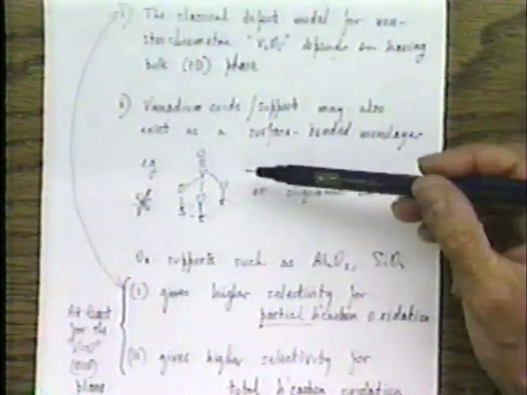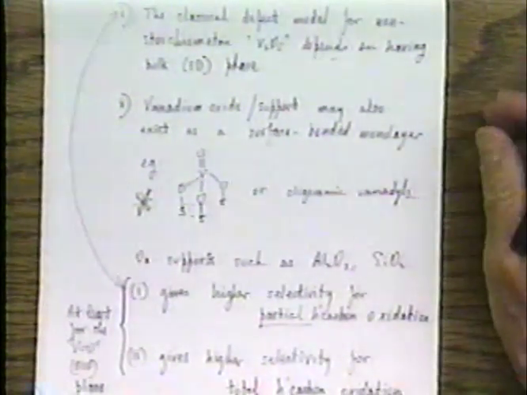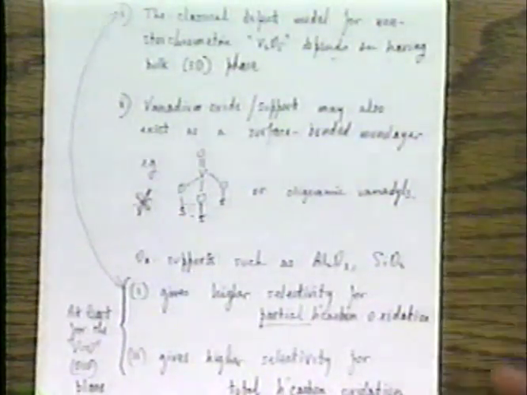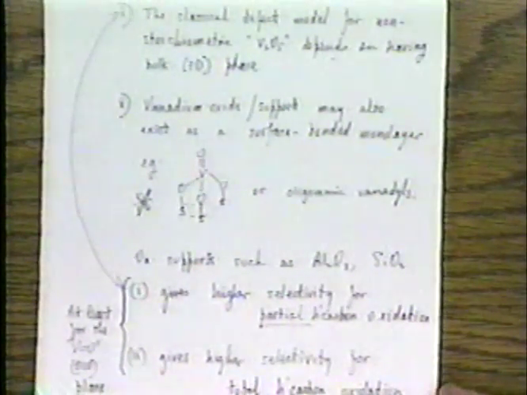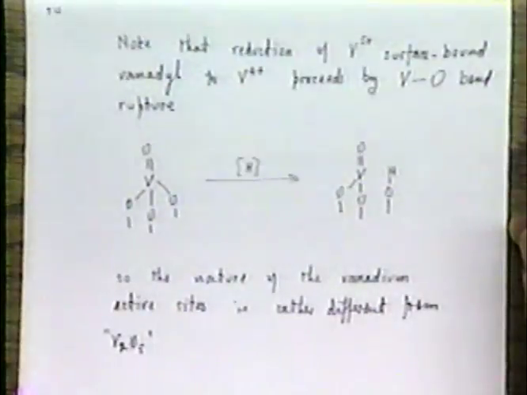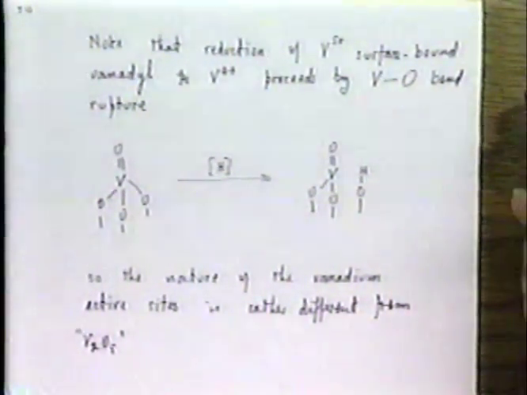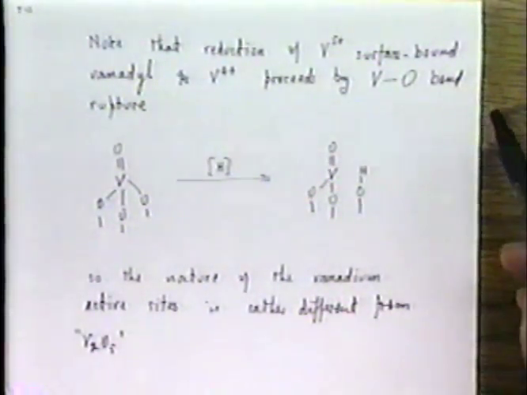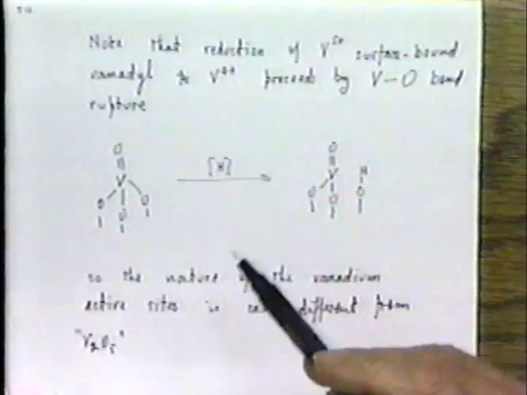The mechanism of the reactions with these molecularly supported variable valency oxides are not well understood and they're the subject of considerable work at the moment. But perhaps what I should point out to you is that the variable valency, when you're dealing with materials of that sort, is not accommodated via non-stoichiometry in an extensive phase, because the extensive phase in this case doesn't exist.